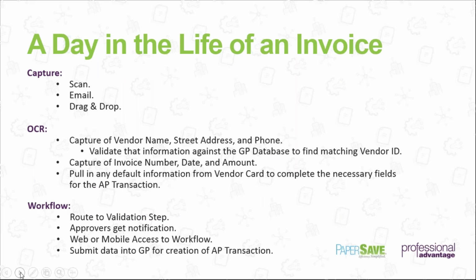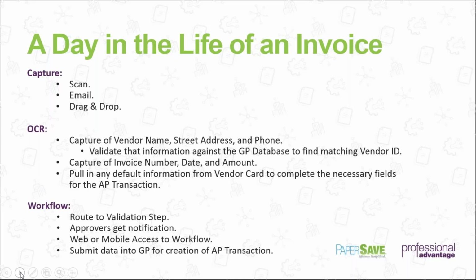So the live demo today is going to be of a day in the life. You're going to see me do some capturing. I'm not going to do all of them, but you're going to see that I can scan documents, we monitor that email address, and drag and drop. The OCR, you're going to see that work. When we capture documents, we're literally pulling specific values off of the invoice: the vendor name, street address, and phone number. We then check your GP database to find the matching vendor.